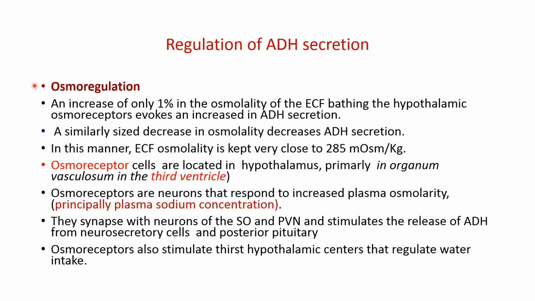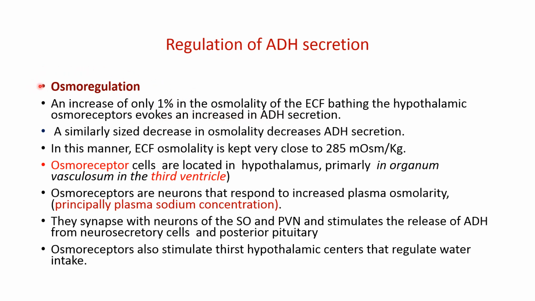Now, the most important thing here which modifies the secretion of ADH is basically change in plasma osmolarity. A small increase of up to 1% in plasma osmolarity of the ECF bathing the hypothalamic osmoreceptors. There are osmoreceptors. They are neurons which detect the osmolarity. They will evoke or increase the secretion of ADH.